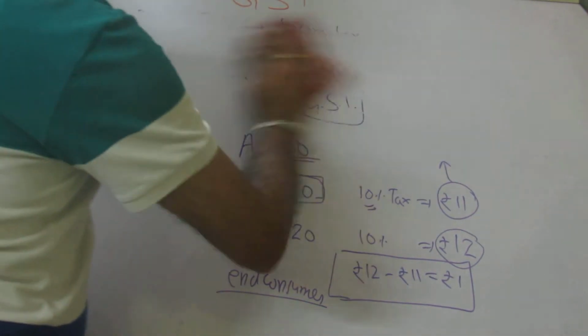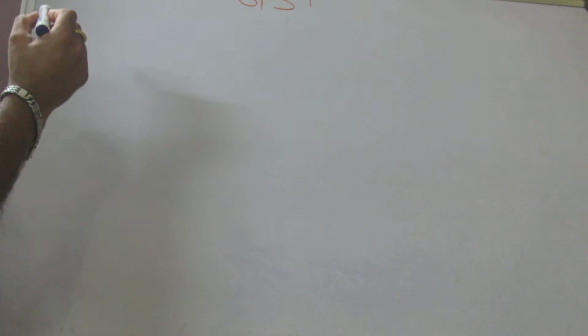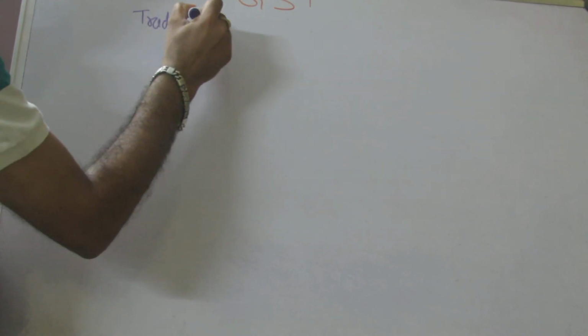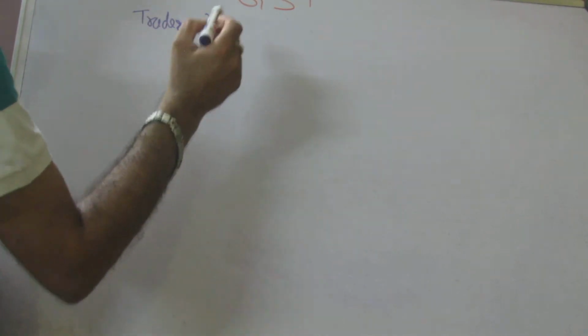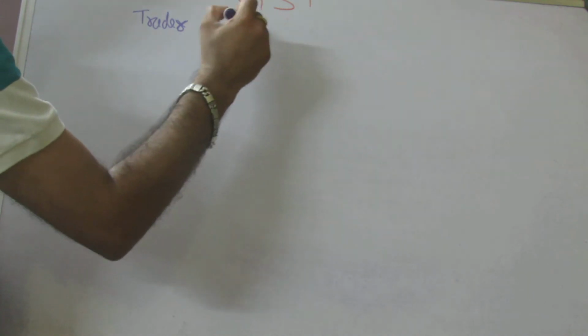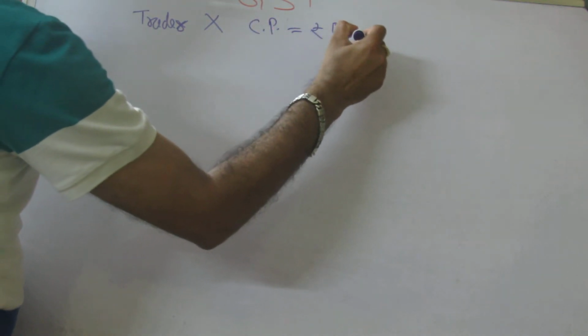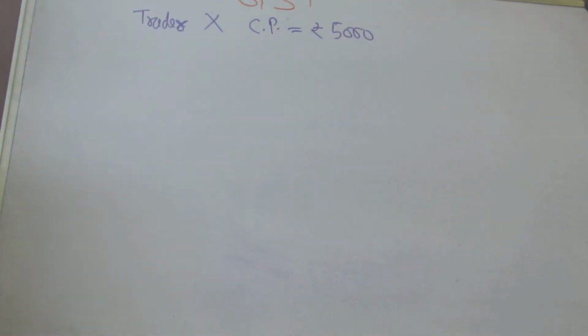Now let us understand more in terms of a better question. Let us say there is a trader X who buys an item for 5,000 rupees from a manufacturer. So his CP is 5,000 rupees.